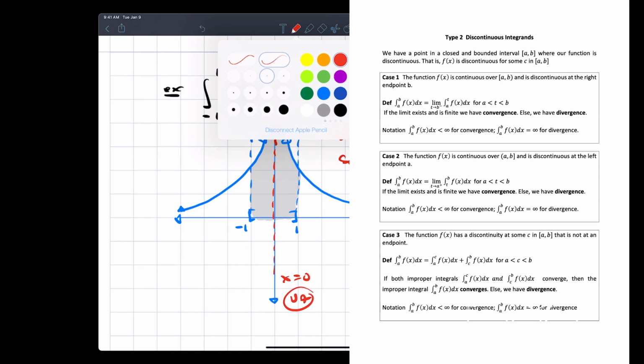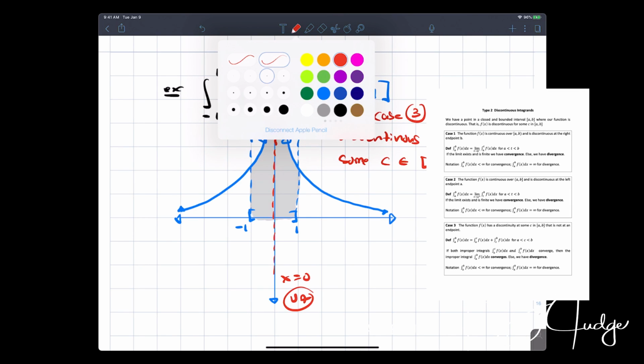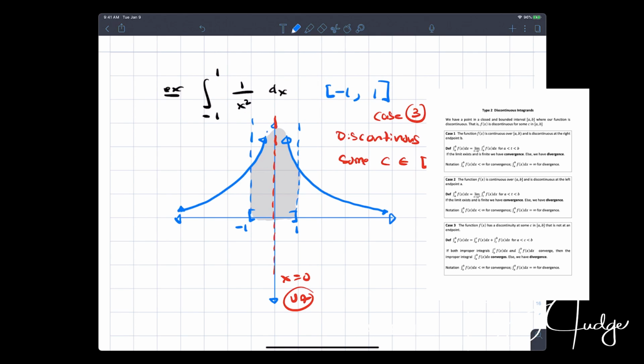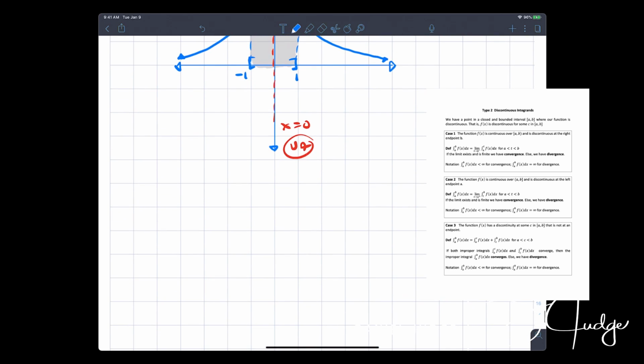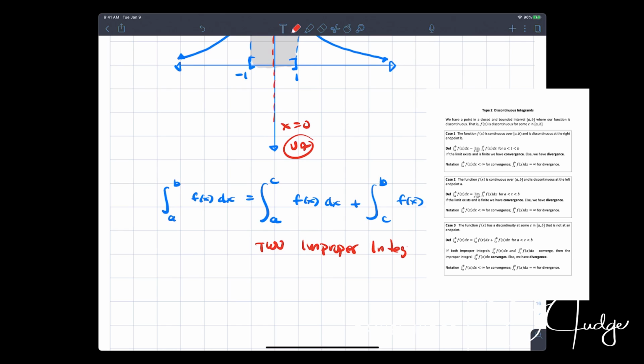In other words, what they want you to do is for some number in the middle, they want you to write the integral from a to b of f(x) dx as the integral from a to the discontinuity c, plus the integral from c to b. We have now 2 improper integrals.